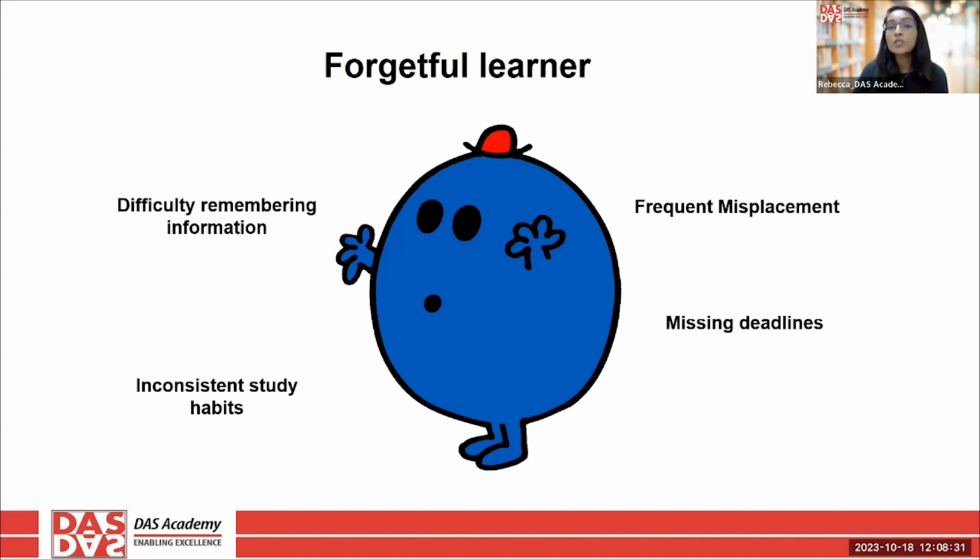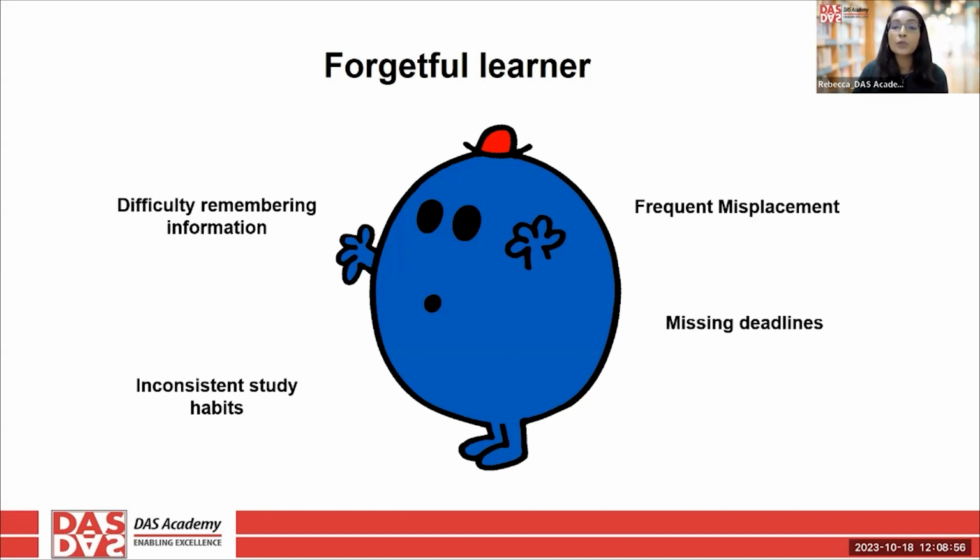So it's important to note that forgetfulness can be caused by various factors, including cognitive challenges, emotional stress, and poor memory strategies. Therefore, it is important as an educator and a parent to help learners form stronger neural connections by organizing and presenting information in a meaningful way so they see its relevance.